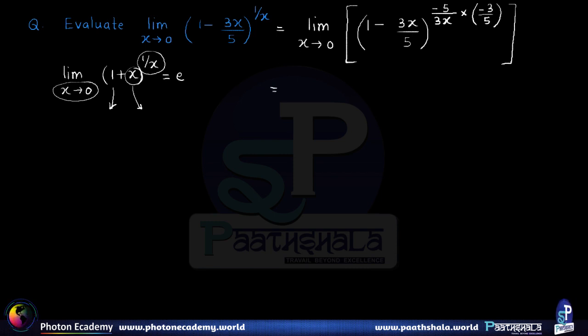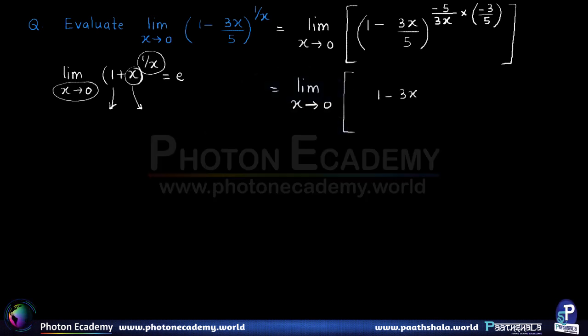So simplifying that further, we can write this as (1 minus 3x whole upon 5) raised to minus 5 upon 3x, whole raised to minus 3 upon 5.